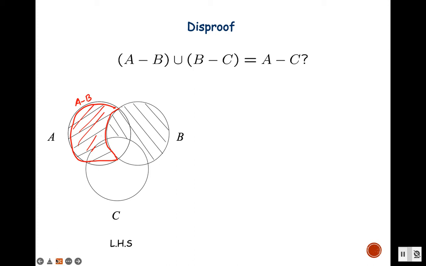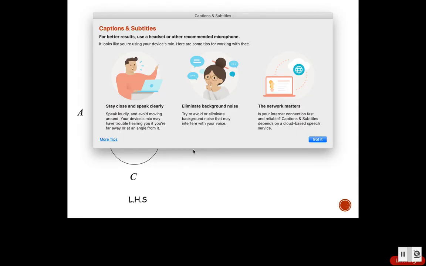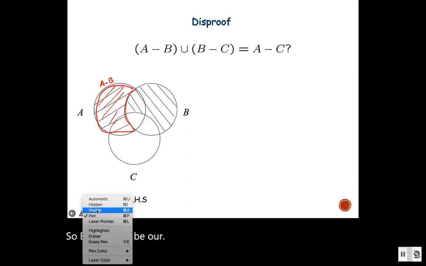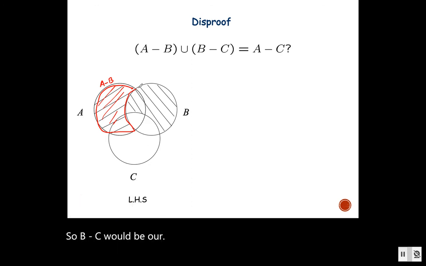B minus C would be this region and this region.